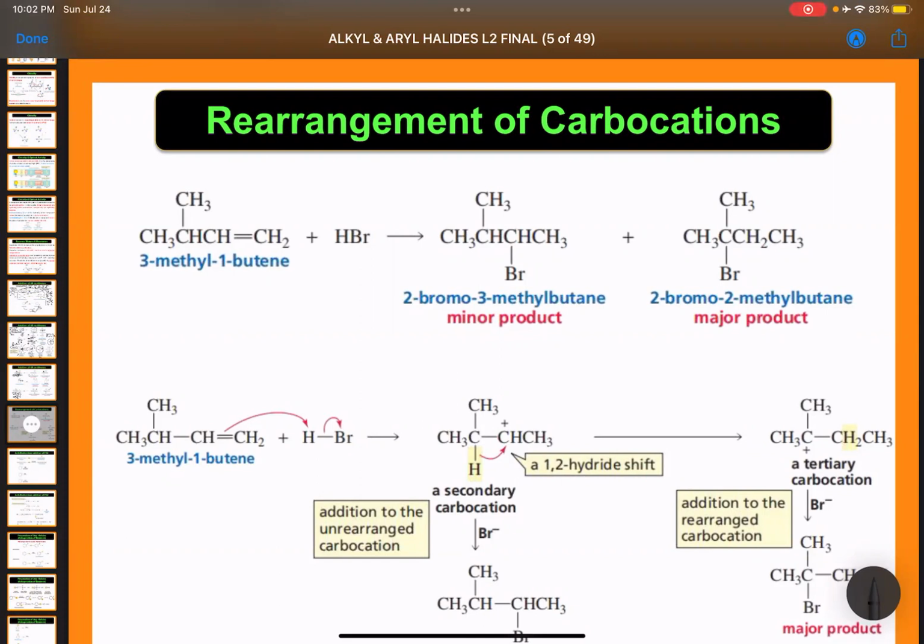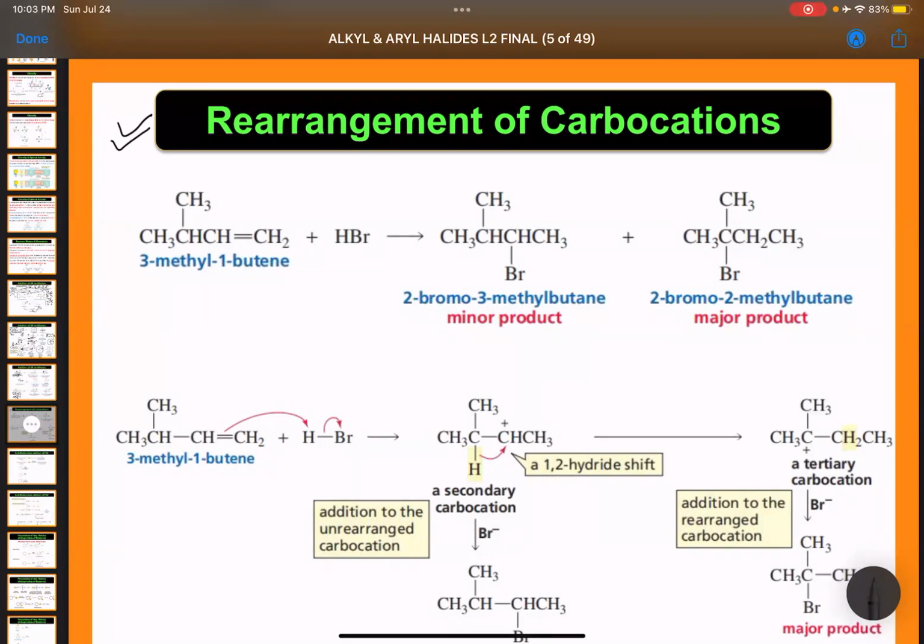We will just put the Br minus or I minus on that cation. But if the carbocation can become more stable by moving onto the adjacent carbon, then we should definitely move that carbocation to the adjacent carbon. This phenomenon is known as shifting or rearrangement of carbocation.